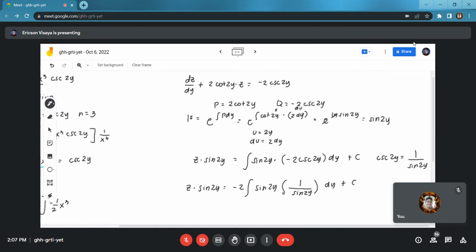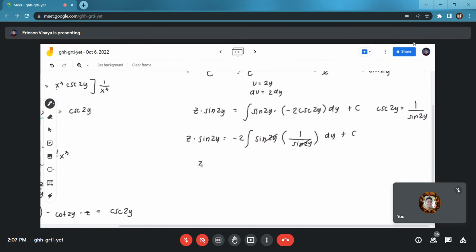So, cancel. Ito na lang natira. So, z times sine 2y is equal to negative 2, the integral of dy plus c. So, integral ng dy, that is y plus c.